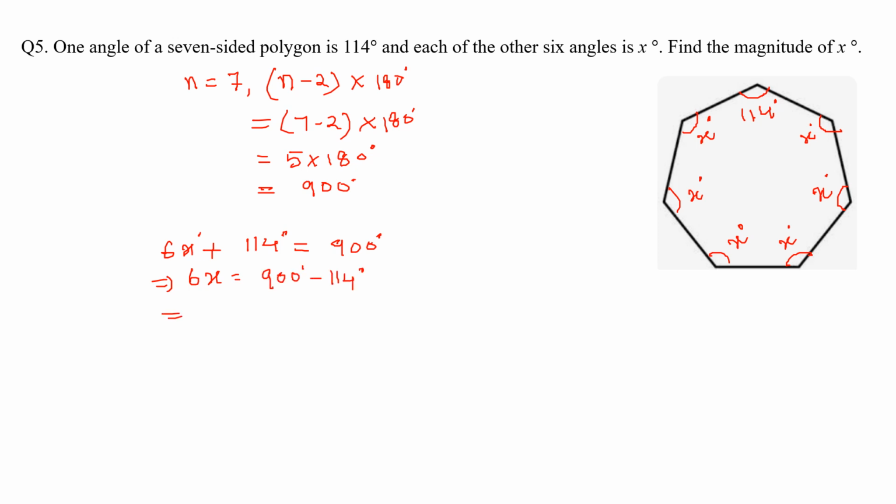So the value of 6x we will get as 786 degrees. So the value of x will be 786 degrees divided by 6, and we will get 131 degrees as the magnitude of x.